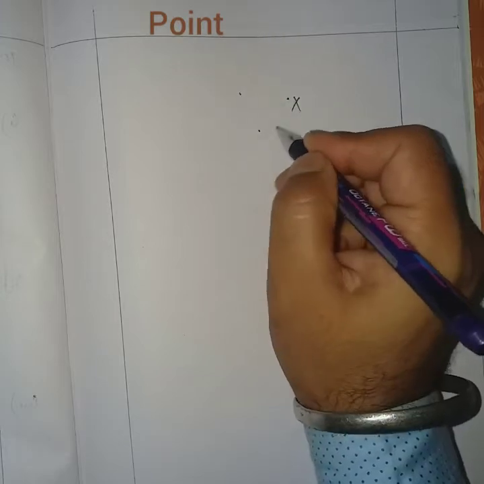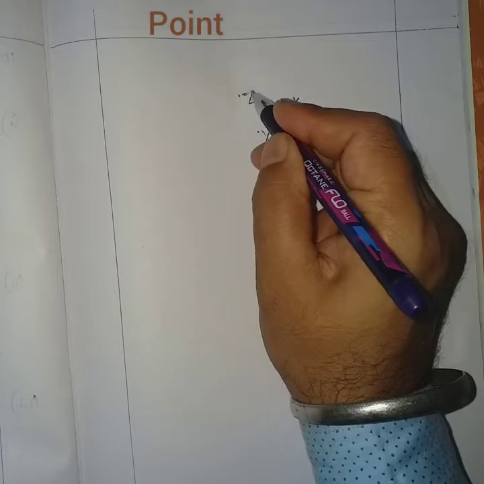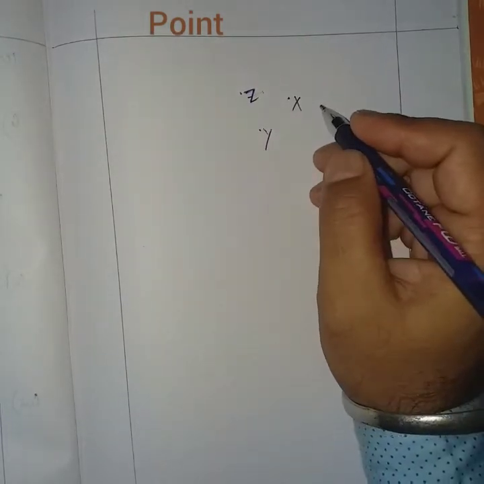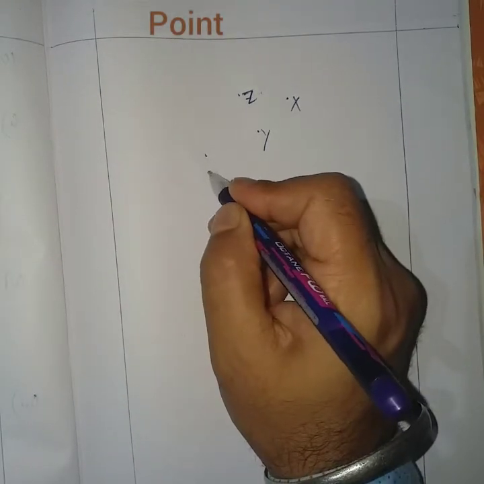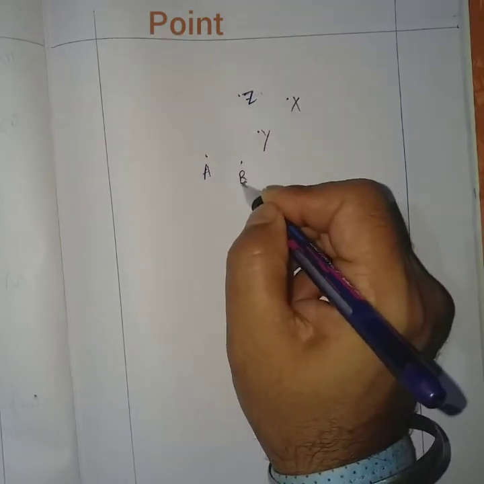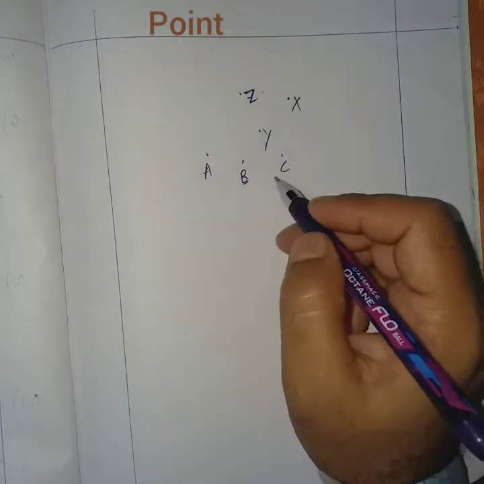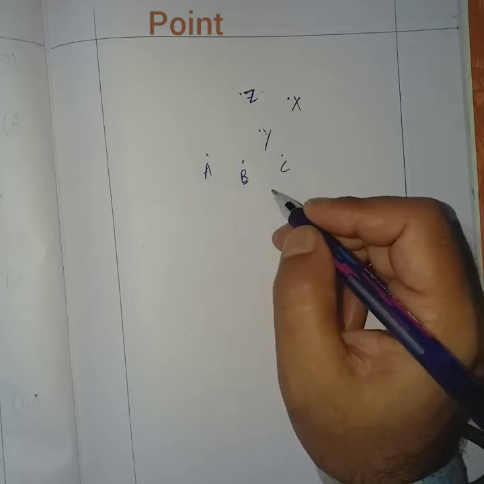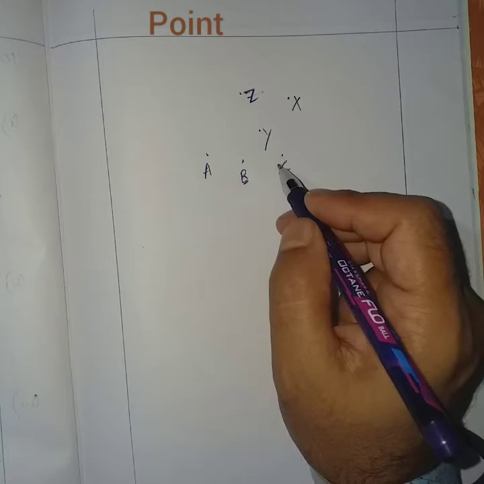Suppose X, Y, Z. More points you can make here and name them as A, B, C. I hope you now have some clear concept about a point. In this manner we should remember a point in geometry.